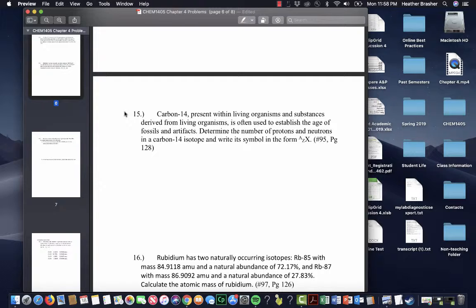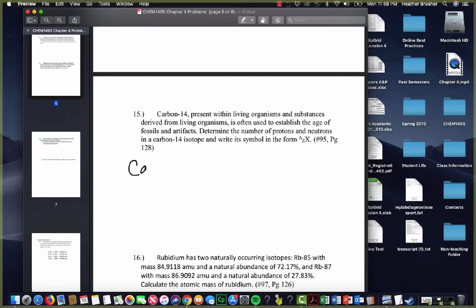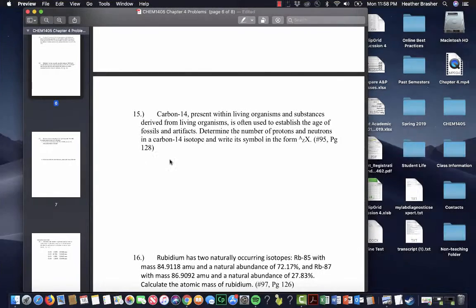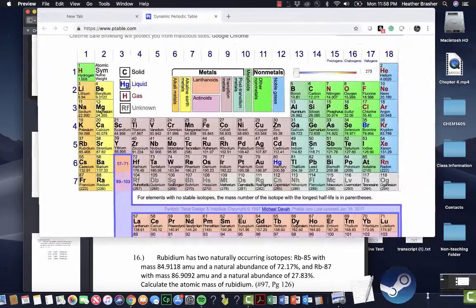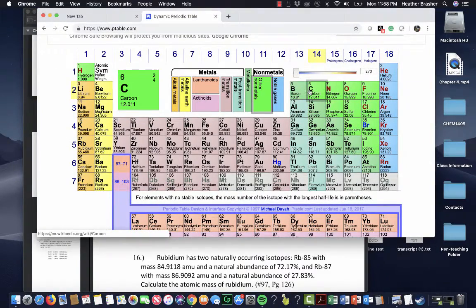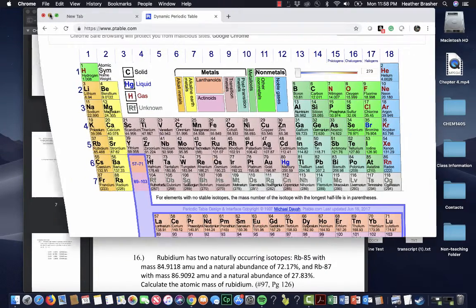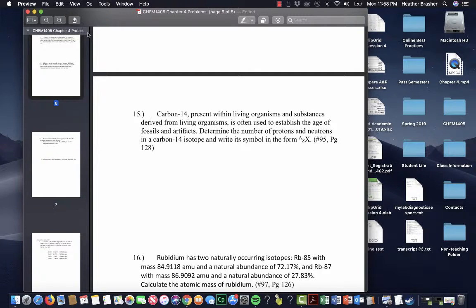So basically, we know we have carbon. If you go to the periodic table and look, carbon right there is 6. So we know that we are going to have the atomic number of 6.